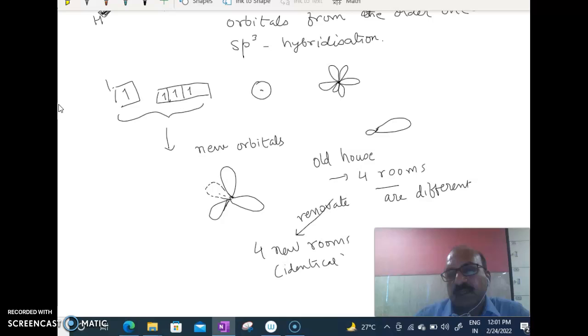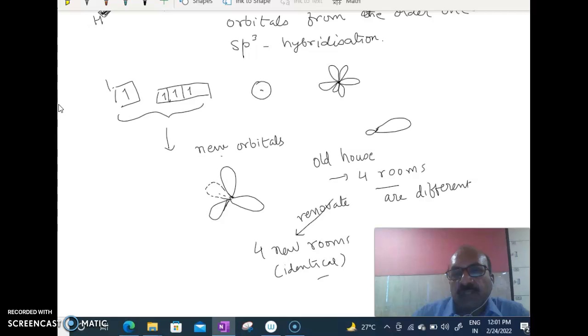This is what happens in hybridization: from the old orbitals, which were different from one another, we have rearranged these 4 orbitals, mixed them together, and each of these orbitals loses its identity. So the new orbitals formed are neither s orbitals nor p orbitals, but they are all identical to one another and they are called sp3 hybrid orbitals, right?